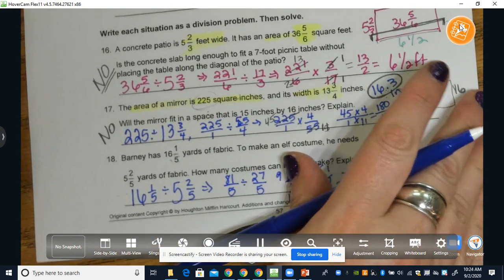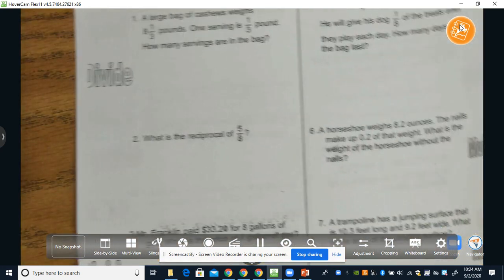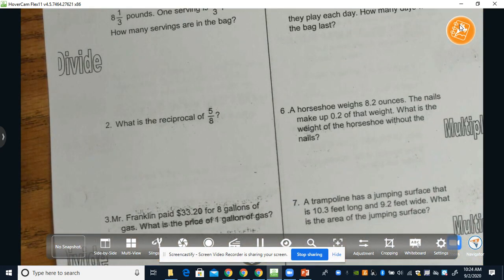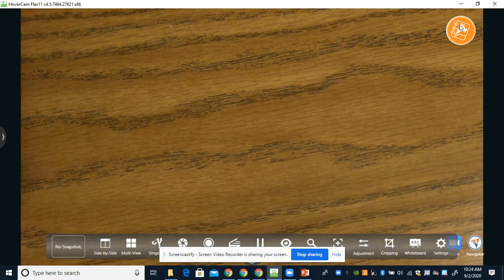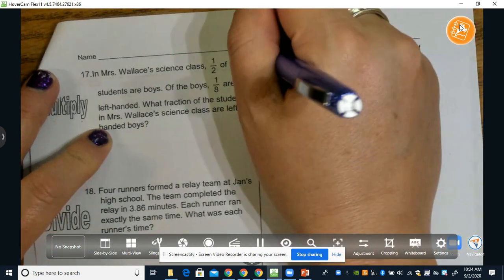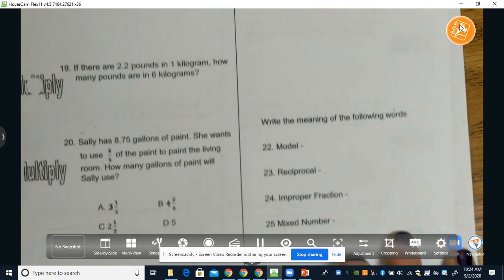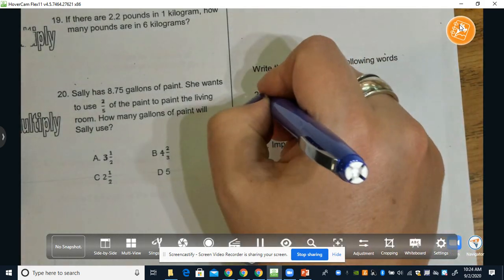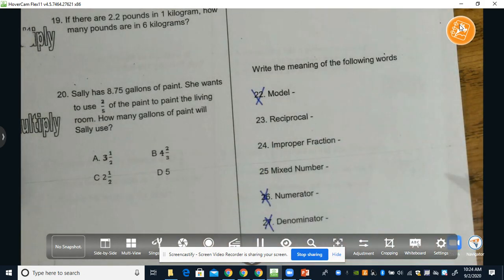Now, we're going to go on to our review. So I want you to go to the back page of your review, which is question number 21, and I want you to cross that out real quick. Okay, I also want you to cross out, down here on the vocabulary, 22, 26, and 27.